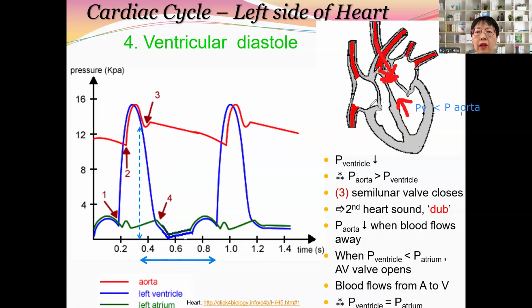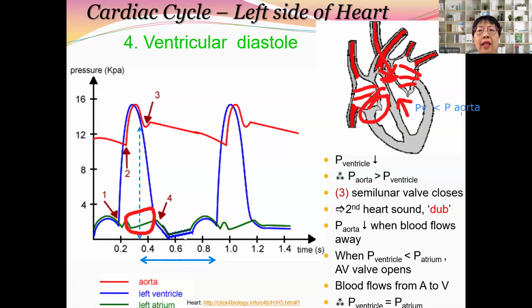So the volume becomes higher and higher, and the pressure also becomes higher and higher until the pressure in the atrium becomes higher than the pressure in the ventricle. Then the AV valve will open, right?